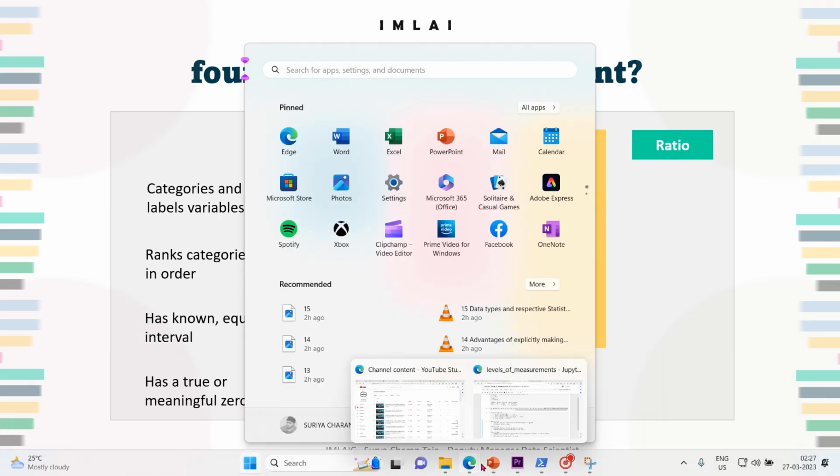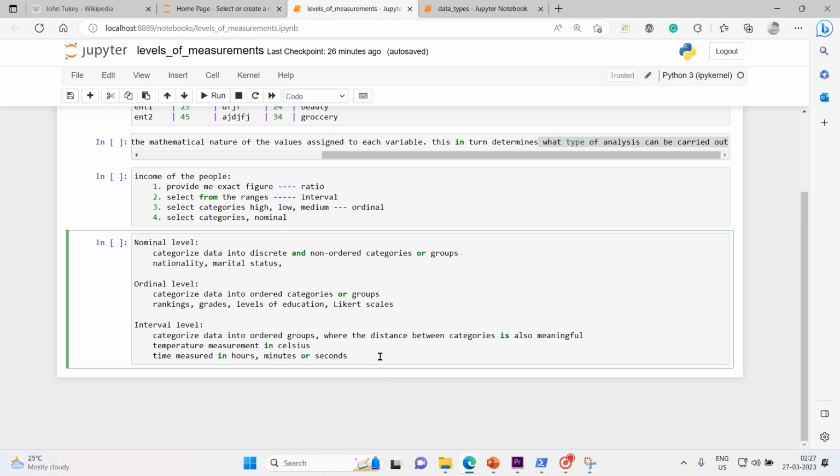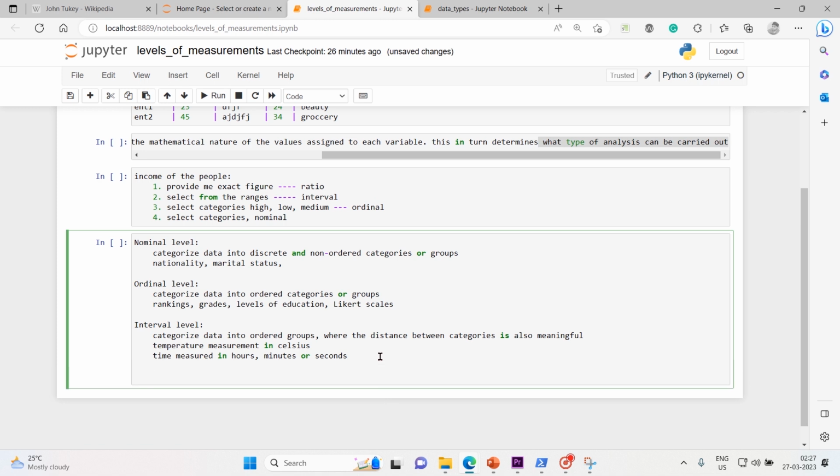So the ratio level will have all the properties of nominal, ordinal, and interval. In addition to that, it will have a true 0 point.